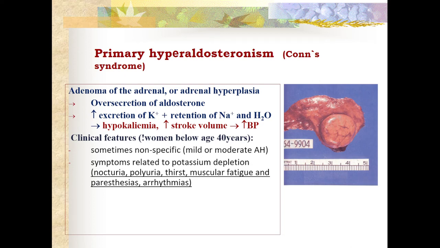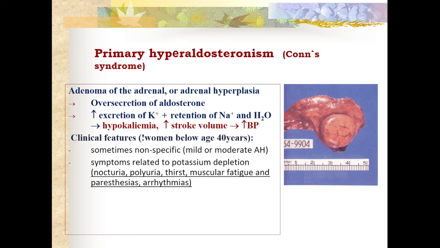This situation leads to oversecretion of aldosterone and increased excretion of potassium, sodium retention, water retention, and increased circulatory volume and stroke volume, which can cause increased blood pressure. In primary hyperaldosteronism, due to increased excretion of potassium, hypokalemia occurs.